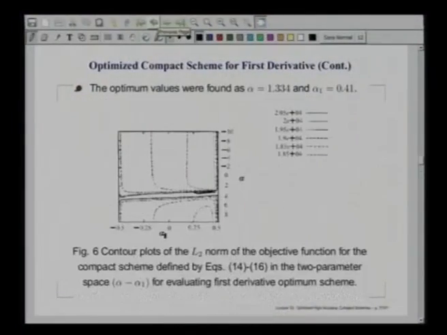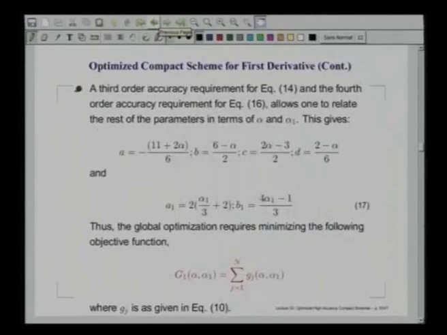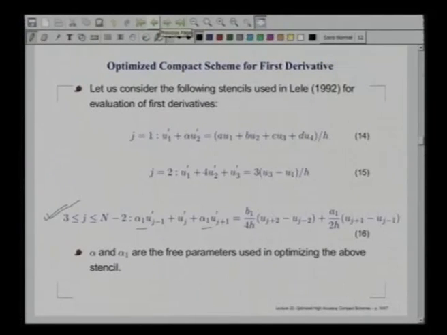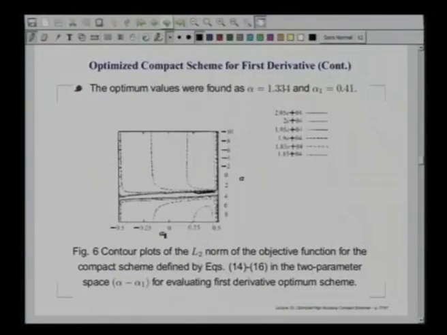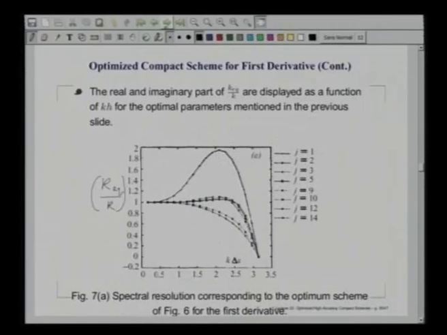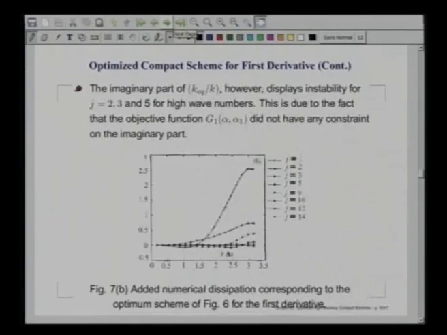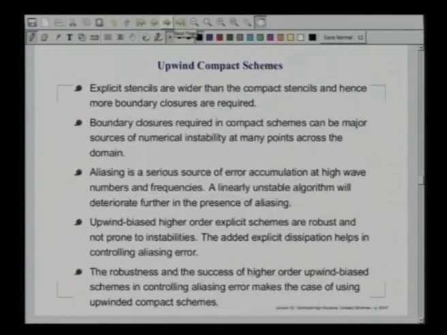If you look back at what we had done here, the left hand side was central. So, it shows that a central scheme will not function the same way that we have seen for explicit schemes. We needed upwinding.